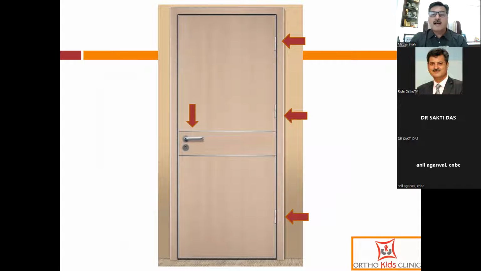Now, if I move the handle near the hinge, you will realize that this will need a lot of force, and the opening of the door will also be slower. So this is the principle of tension band and the fulcrum and lever arm distance. If you are more away from the hinges or the point of correction, then the correction would be faster.